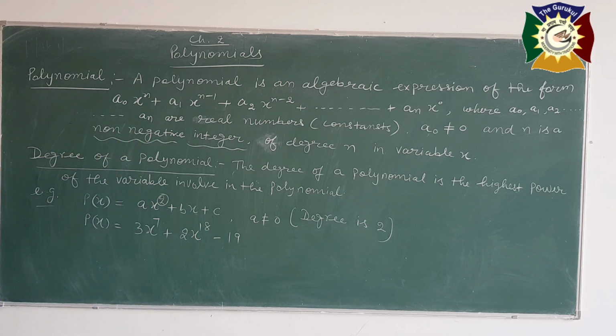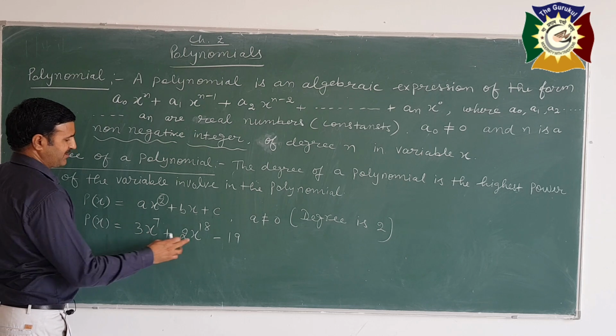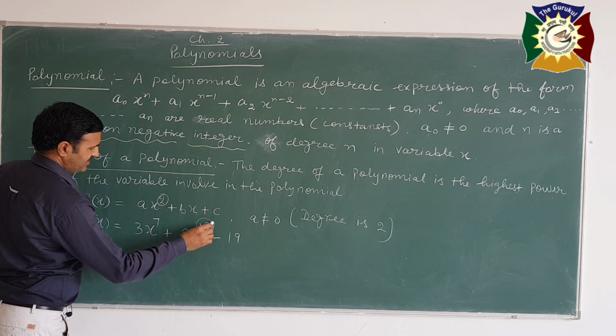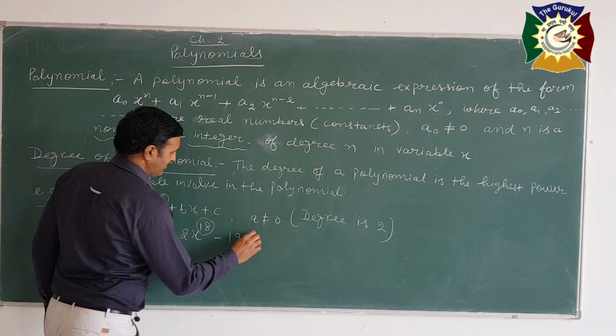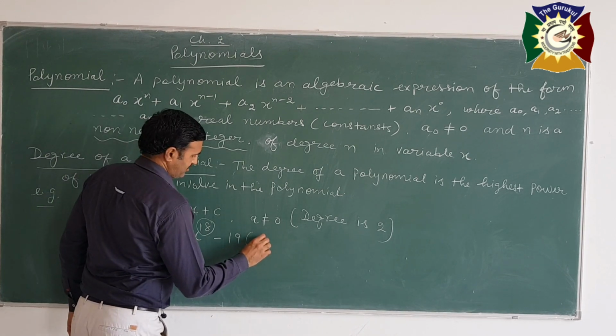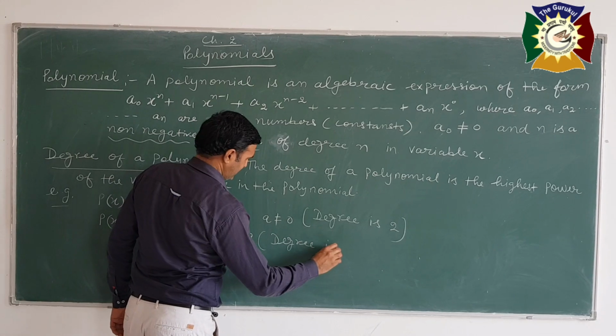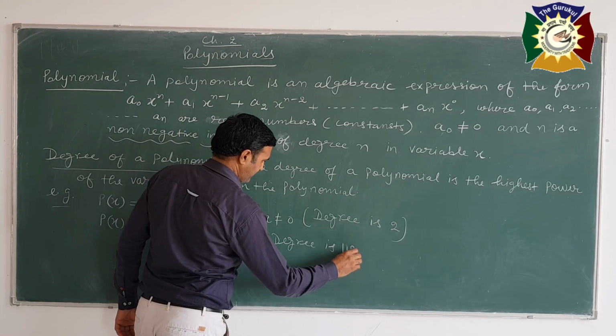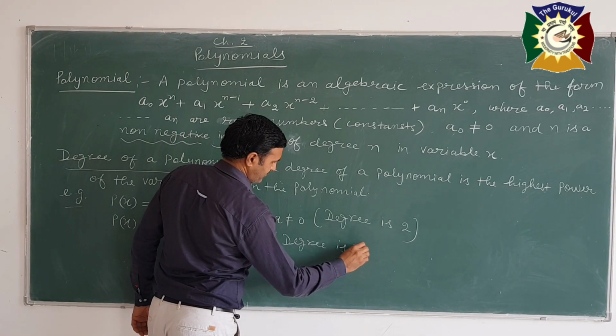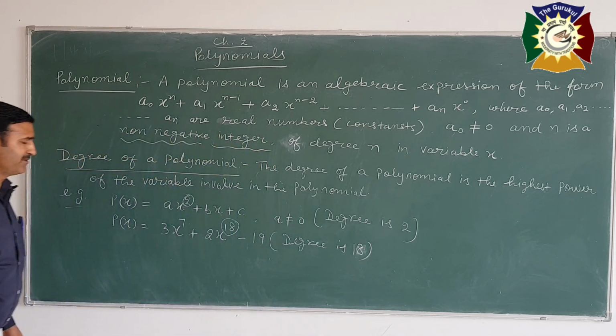Another polynomial, and what is the highest power of the variable in this? 18 is the highest power of the variable involved in this. So, the degree of this is 18 for this particular polynomial.